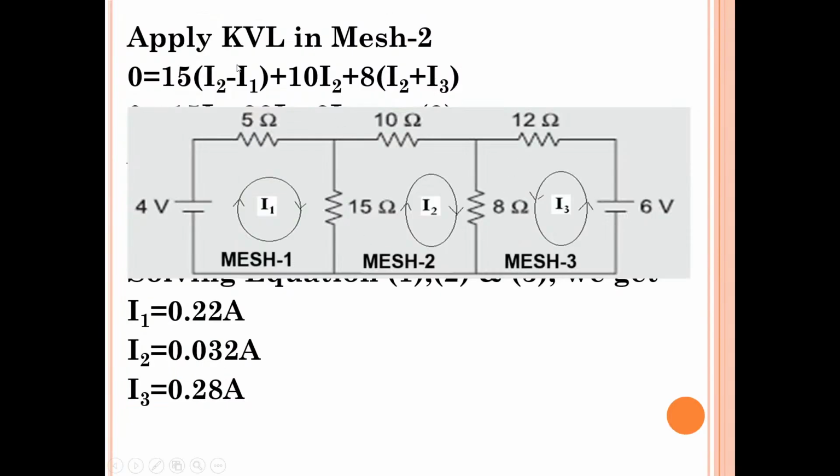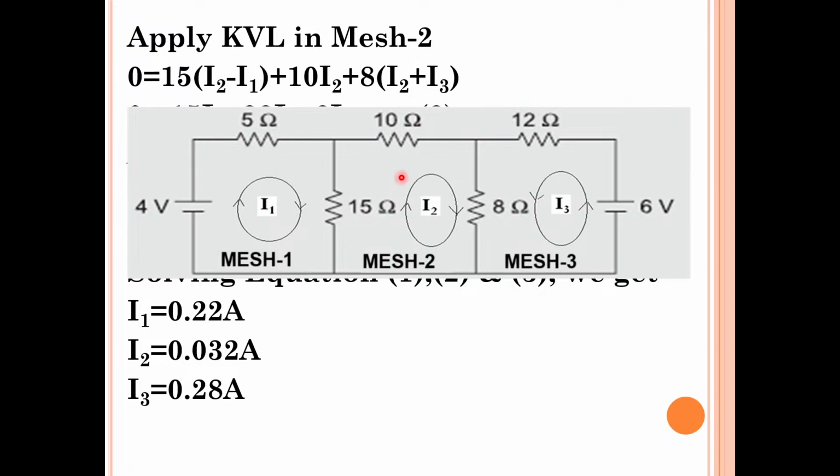Let us see applying KVL in mesh 2. Is there any voltage source in mesh 2? No voltage source. Write 0 is equal to the algebraic sum of voltage drops. How many passive elements are there? 15 ohms resistor, 10 ohms resistor and 8 ohms resistor. Total 3 resistors are there.